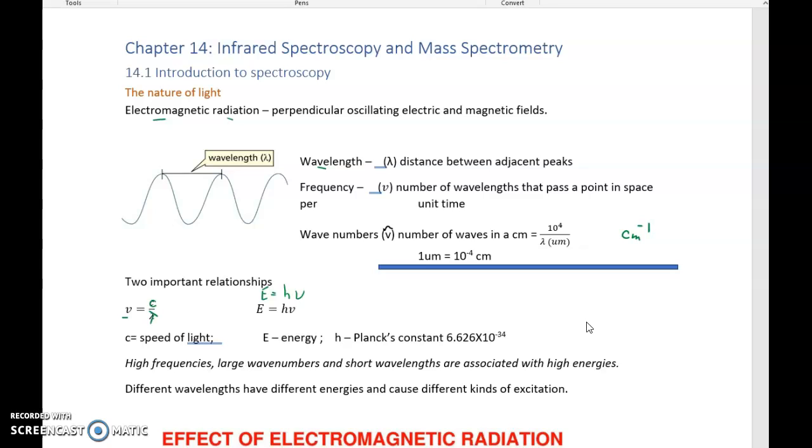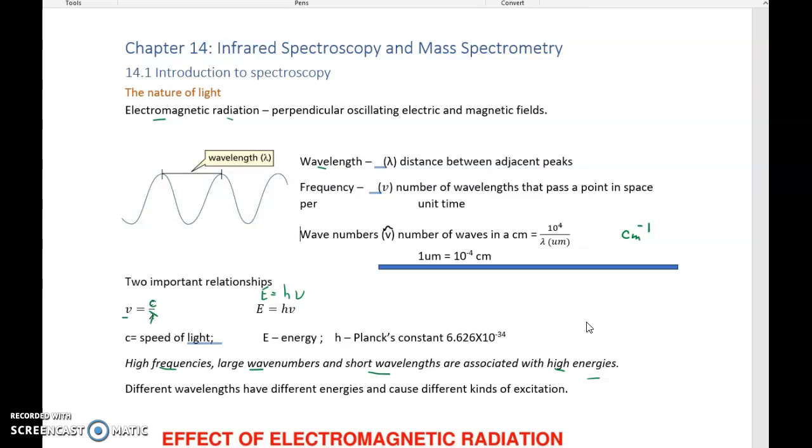So the upshot of these equations means that high frequencies with large wave numbers and short wavelengths have high energy. Okay, so the high energy electromagnetic radiation has high frequency, large wave numbers, and short wavelengths.